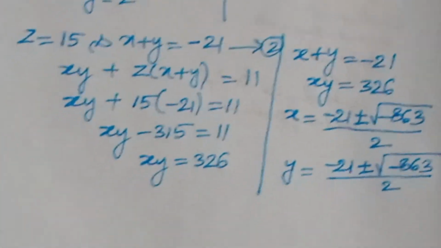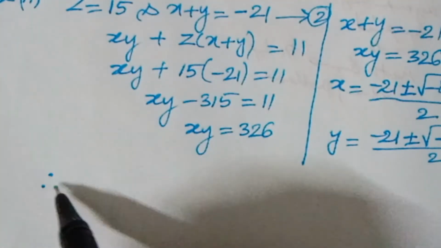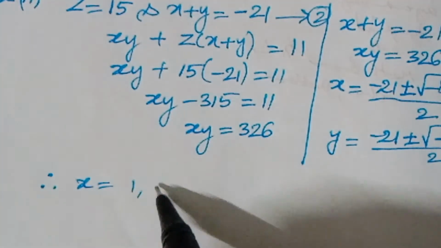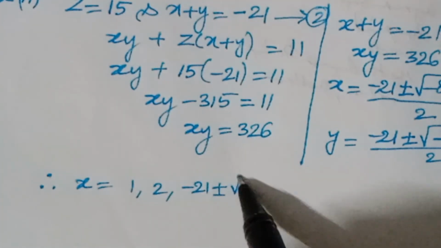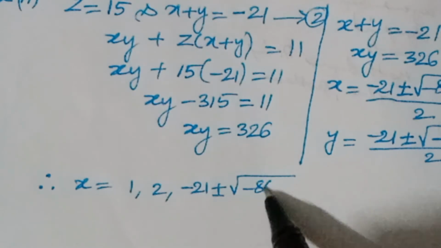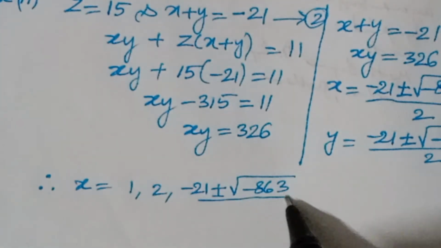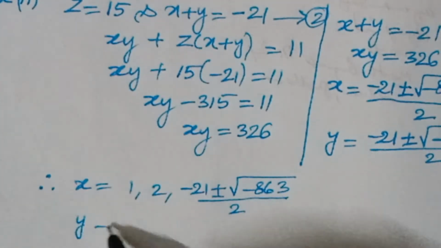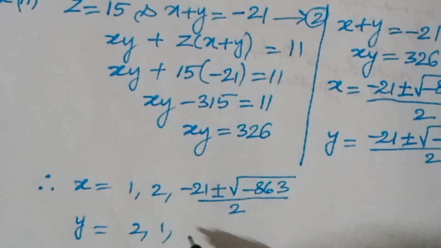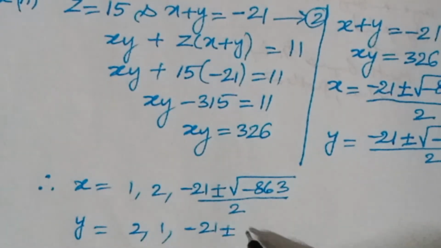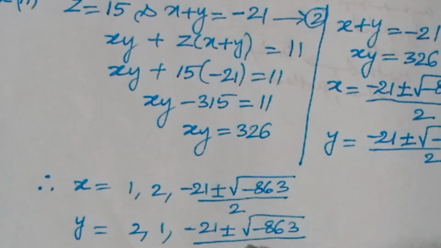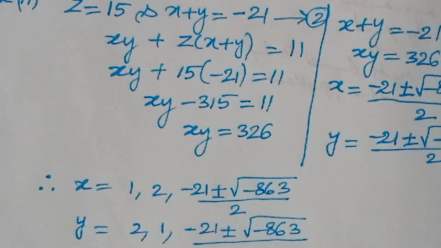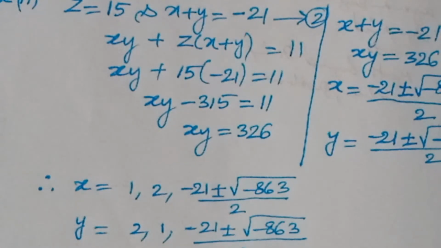So the possible values of x are 1, 2, and −21 ± √(−863) / 2. The possible values of y are 2, 1, and −21 ± √(−863) / 2. And the possible values of z are 3, 3, 15.